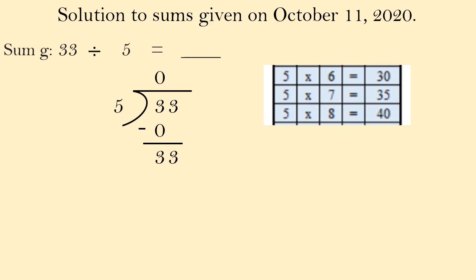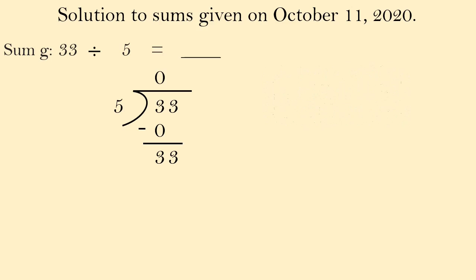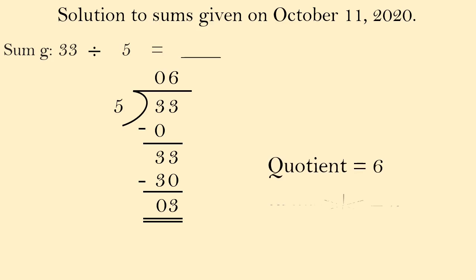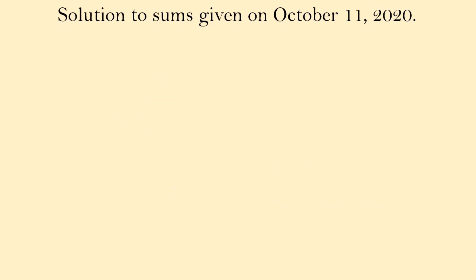We've got 5 6s are 30. Okay, let's use that. If you subtract, 3 minus nothing is 3, and 3 minus 3 is 0. So we have our quotient of 6 and our remainder is 3.